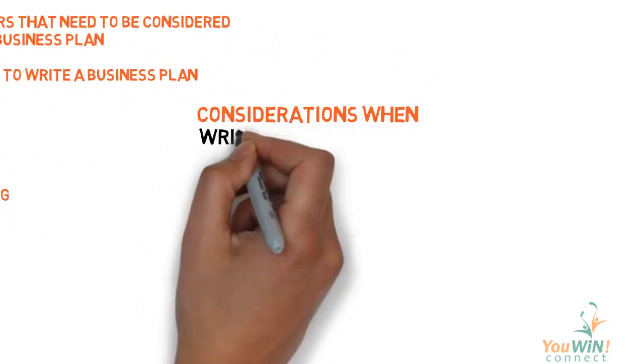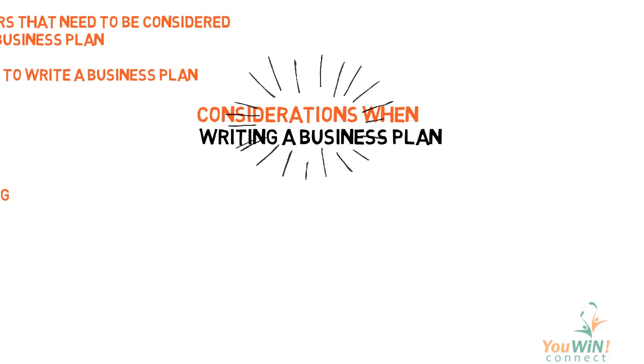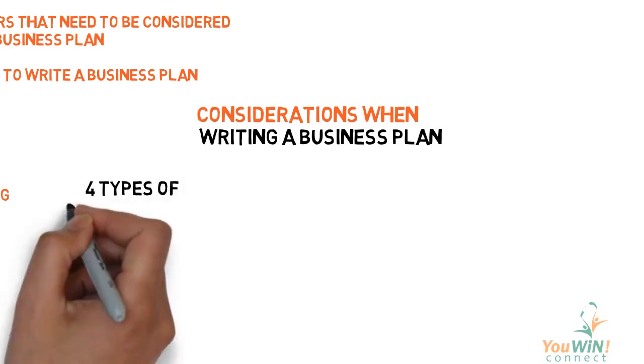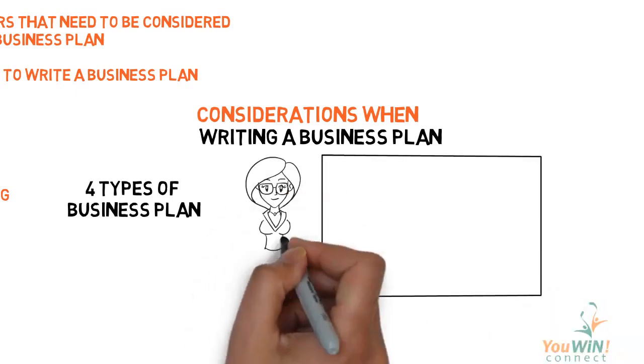There are 4 possibilities when we're writing a business plan, and these possibilities derive from what we are writing and whom we are writing for. And this gives rise to 4 types of business plans.